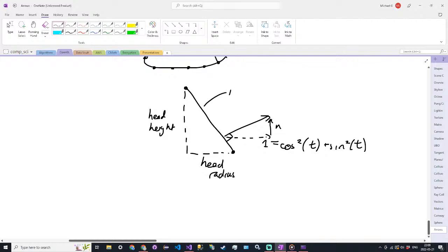So the slope of this line is equal to minus head height over radius. We'll just say h and r. So that's the slope. The slope here, m prime, is equal to the negative reciprocal. So minus 1 over minus h over r, which just simplifies to 1 over h over r, or r over h.